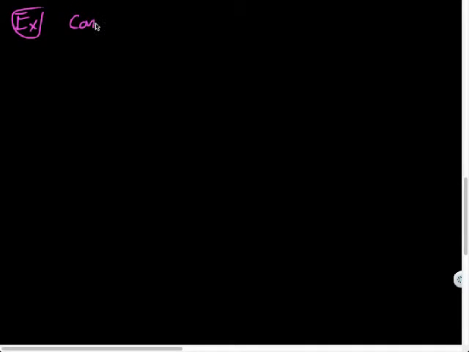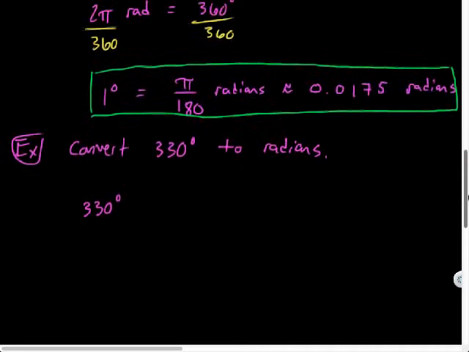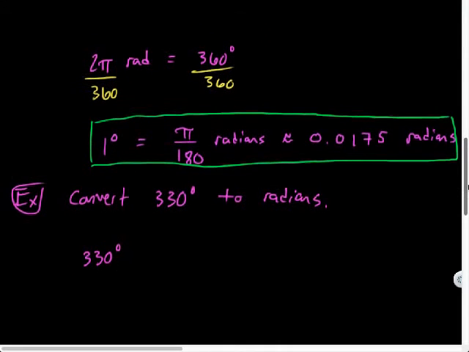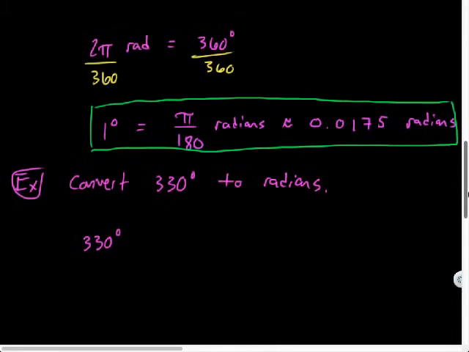So let's convert 330 degrees to radians. So 330 degrees, if I want to convert that to radians, well, it turns out I can multiply, right?